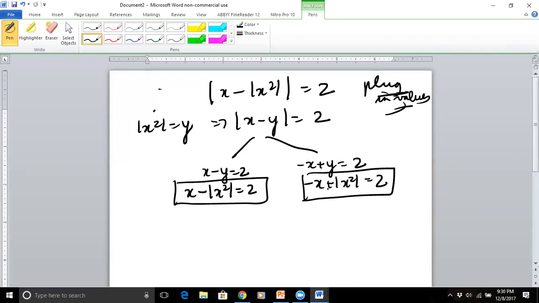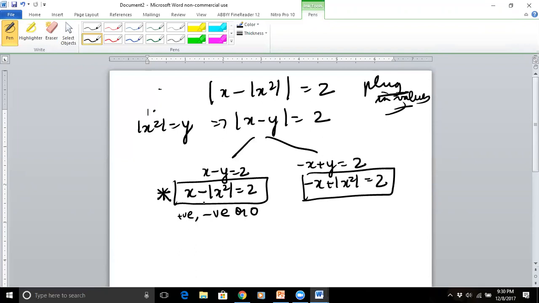Now think logically. Whatever value I put for x in this equation, I will never get a positive output. I'm always going to get a negative output here. Agree? Or a zero output. I can get a positive output also if I use fractions, right?